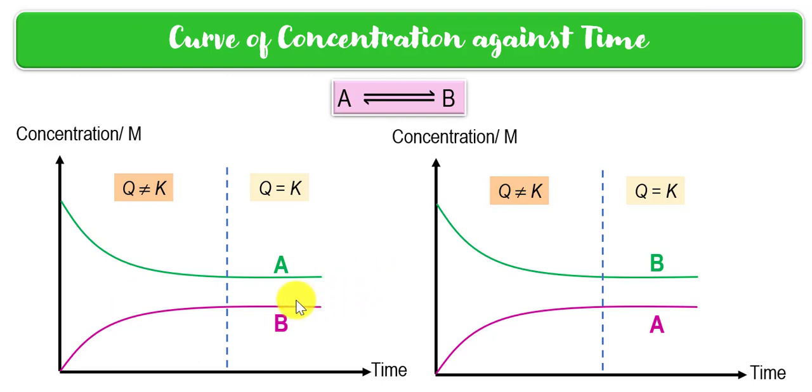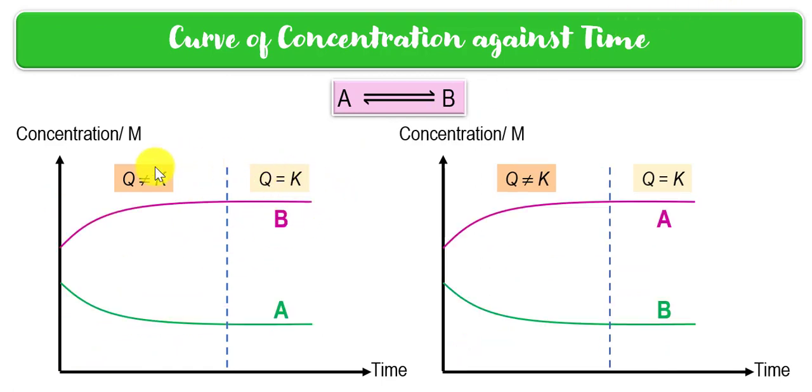The second curve that we might obtain is where A and B do not intersect with each other. We will obtain this kind of graph if, let's say, we start the concentration of A here at 5 molar and it will reach equilibrium maybe at 3 molar, and for B we started with 0 molar and it will reach equilibrium here at 2 molar. So these two curves will not intersect with each other.